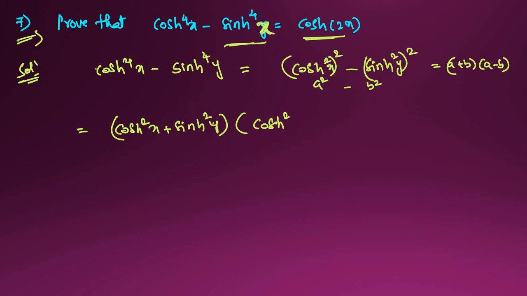Now cosh²x − sinh²x total will become 1. And cosh²x + sinh²x, what do we have, the identity, there, no. So that is the identity we have to use.